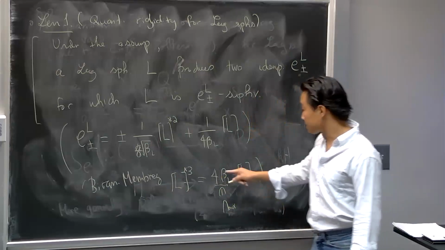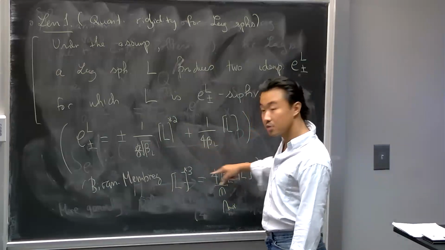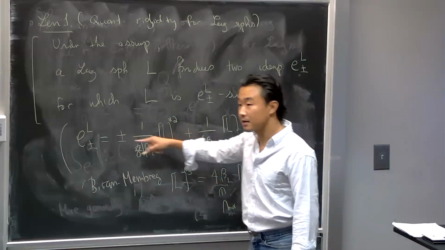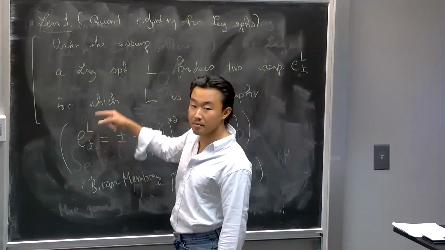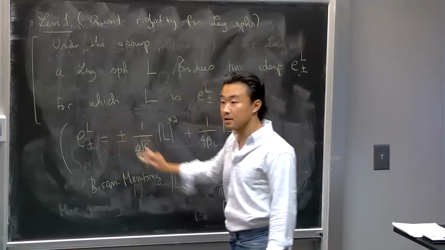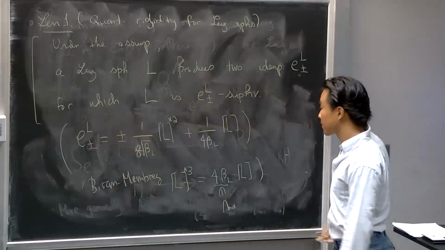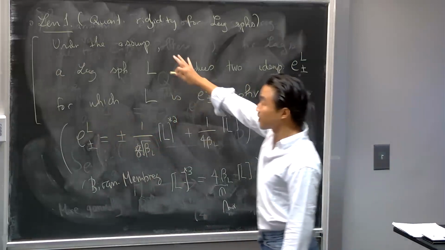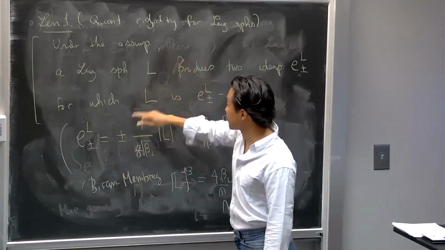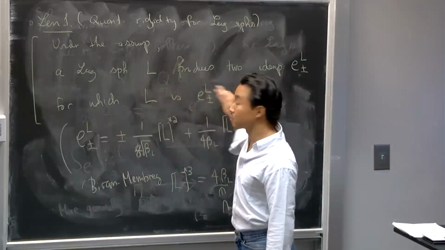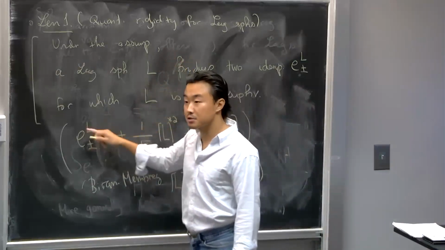And so by using this cubic equation, you can check that if you square these idempotents, you'll get back the same thing. These are idempotents. Okay. And my claim is that L is super heavy with respect to these two idempotents that come from the cubic equation of Biran and Membrez.